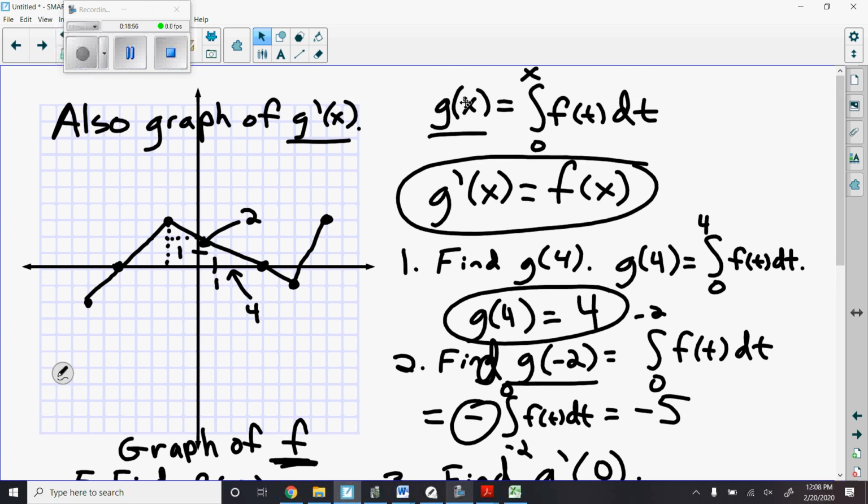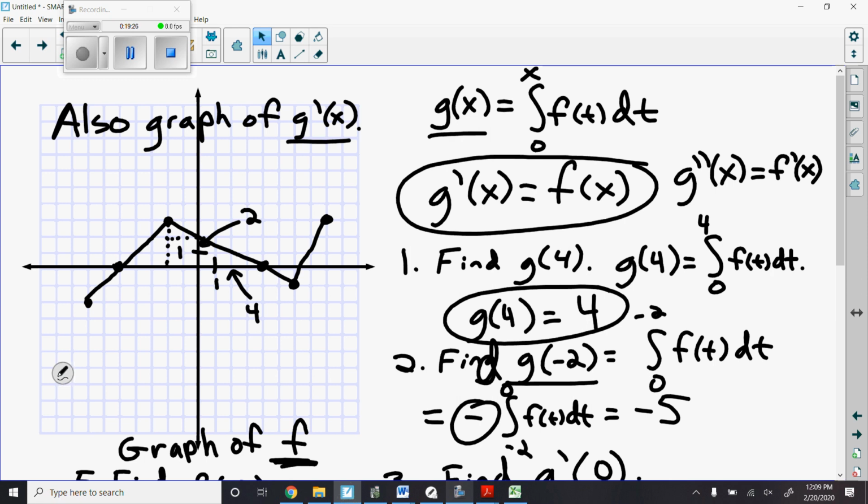I have G, and I have G prime, but I don't have G double prime. Well, we can go right back to this and say, if G prime of X equals F of X, G double prime of X would equal F prime of X.